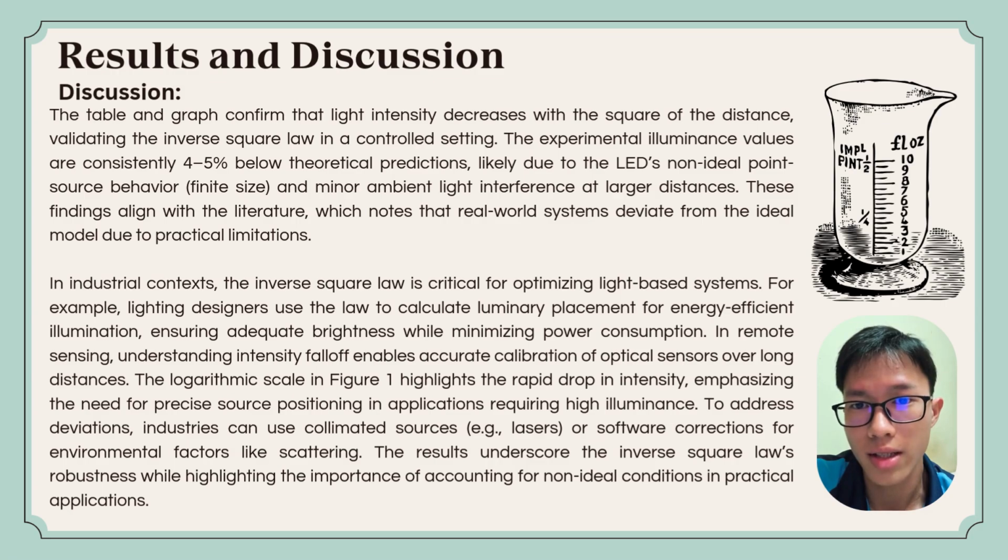To address deviations, industries can use collimated sources, for example lasers, or software corrections for environmental factors like scattering. So the results underscore the inverse square law's robustness while highlighting the importance of accounting for non-ideal conditions in practical applications.